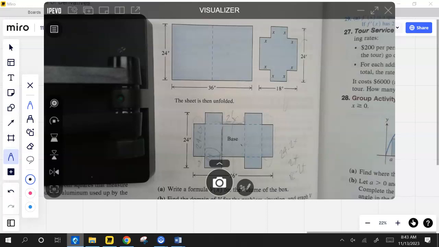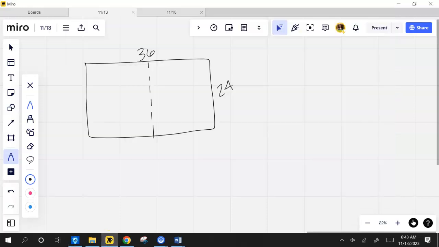So for volume on this one, I would say volume equals 24 minus 2x times 2x times 18 minus 2x. There's my volume. That's part A. Find the volume. Is that what you got, Robert? Said you love this kind.